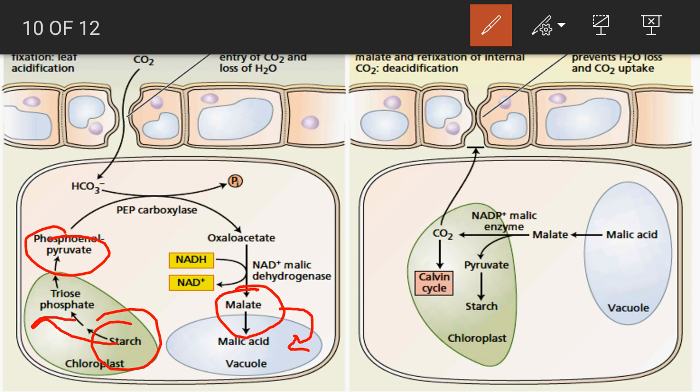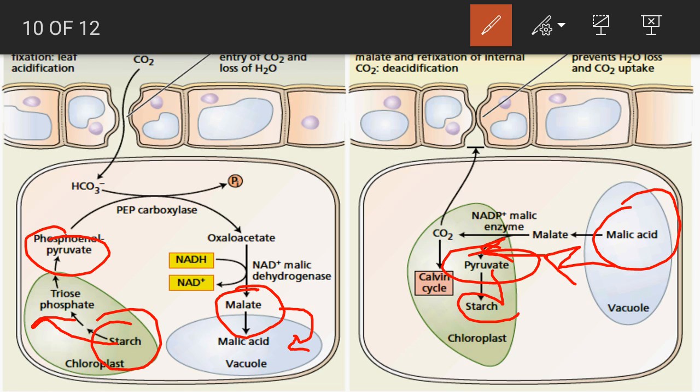Now what happens in the daytime? In the daytime the stomata are closed, so the malic acid which was stored in the night time in the vacuole gets converted into malate and enters into the cytoplasm. After the cytoplasm it enters into the chloroplast. In the chloroplast malate is decarboxylated and converted into pyruvate, and this pyruvate is again converted into starch, from where it came.